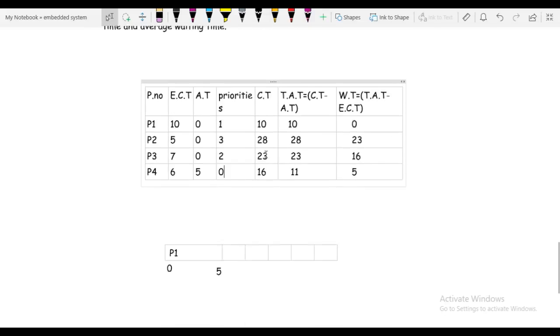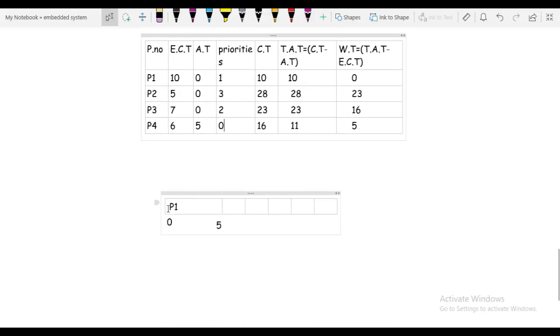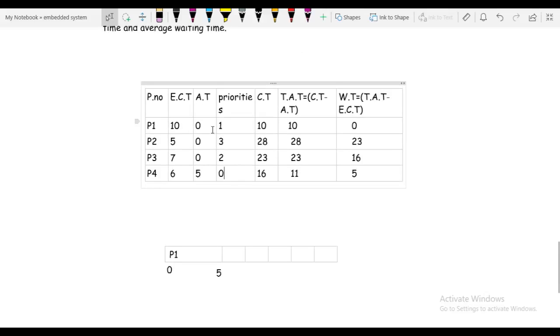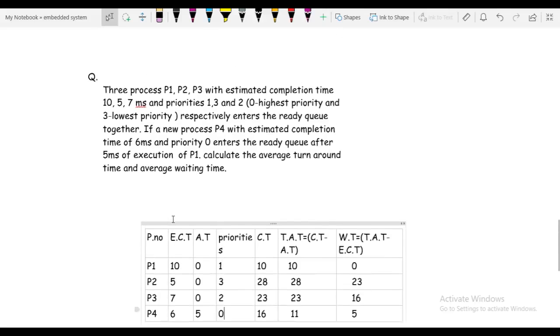So the Gantt chart is like this. First, we have no option because the arrival time of these 3 processes is 0, so the one with the highest priority is executed first. We execute it from 0 to 5 because this is the preemptive version.